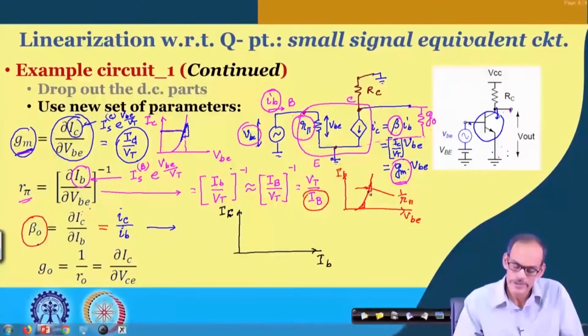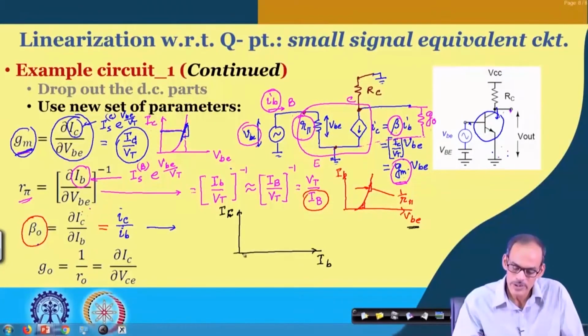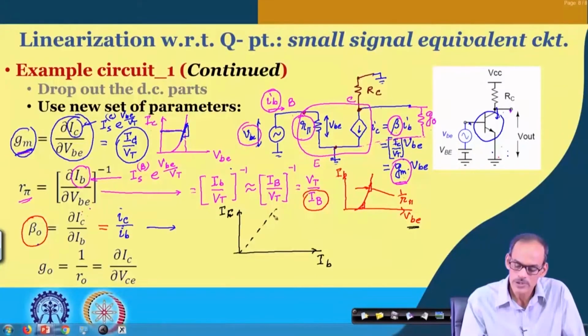Since both have exponential dependency on the same parameter, Vb, it is expected that the plot will be linear, and the slope of this line will of course be beta_f.